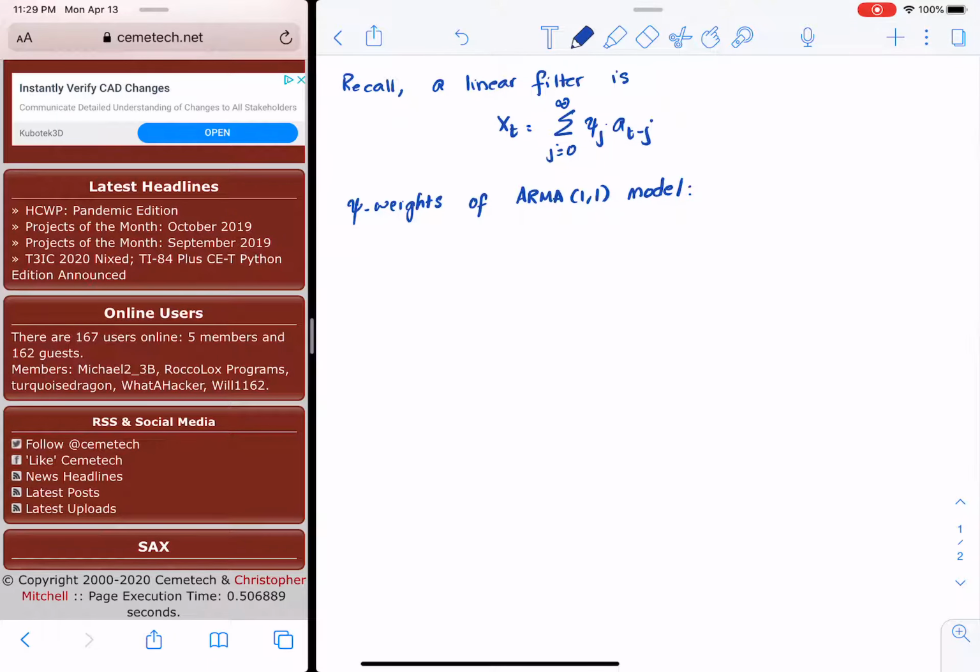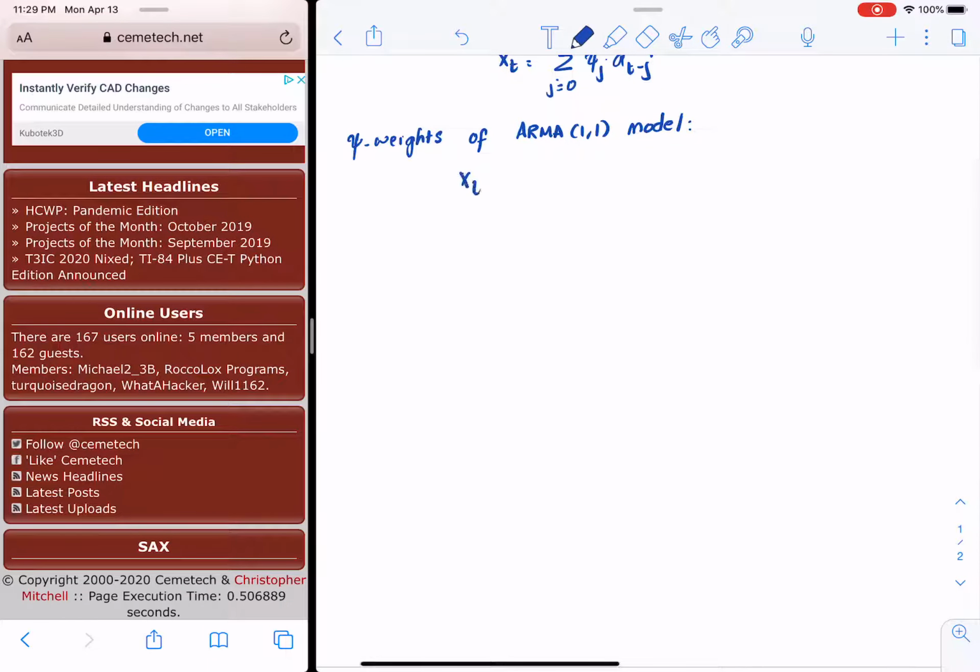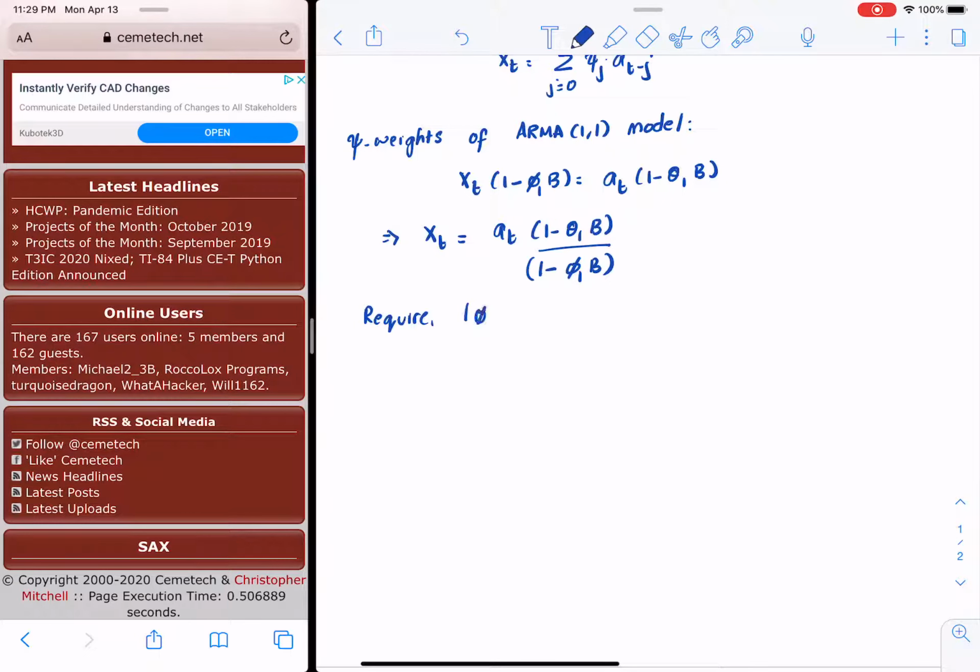So going back to the model, we have x_t times (1 minus phi_1 B) equals a_t times (1 minus theta_1 B). I could rewrite this as x_t equals a_t times (1 minus theta_1 B) divided by (1 minus phi_1 B). And we require the absolute value of phi_1 to be less than 1, which would give us stationarity.